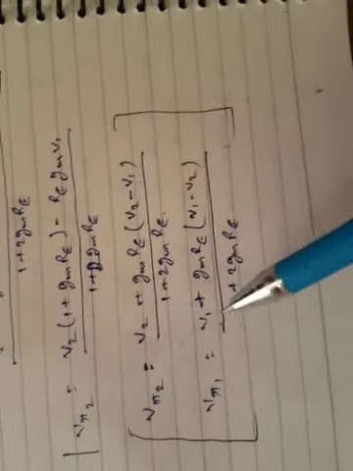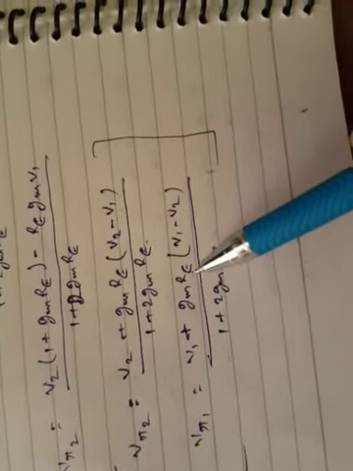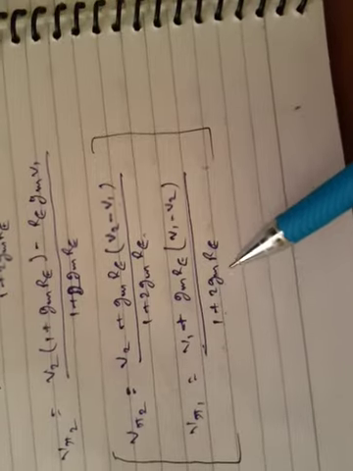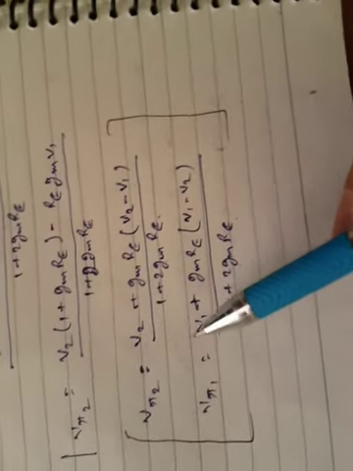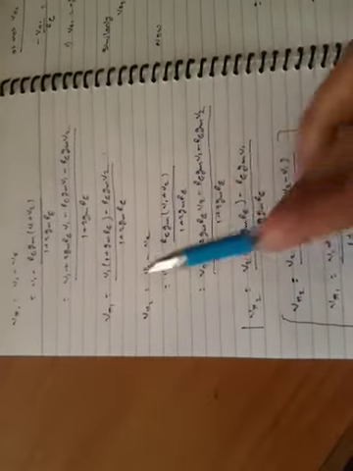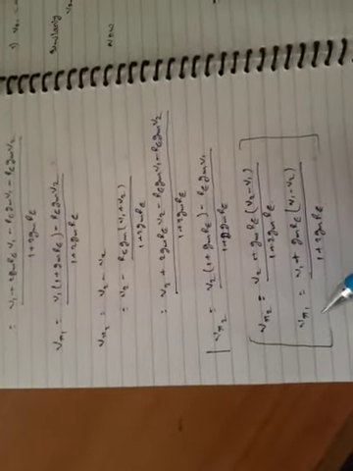Similarly for Vπ1, V1 plus gm Re into (V1 minus V2) by 1 plus 2 gm Re. So from here we find the values of Vπ1 and Vπ2.